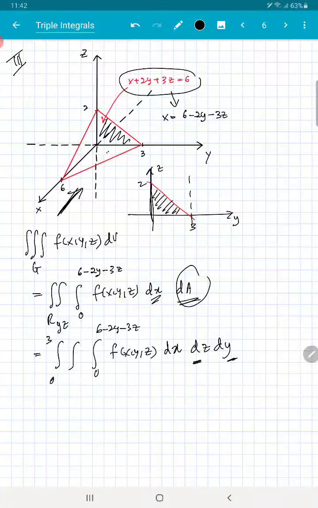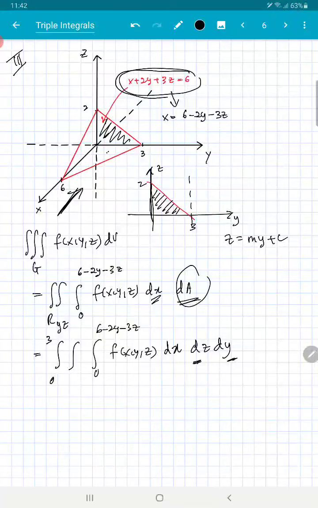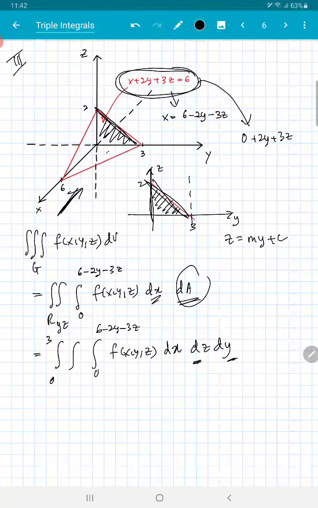Now we need to figure out the limits for z. You can use the straight line equation, z equals mx plus c. Or you can use this plane here, because this plane on the YZ plane is the same line as this. On the YZ plane, x is 0. So when x is 0, you get 0 plus 2y plus 3z equals 6.